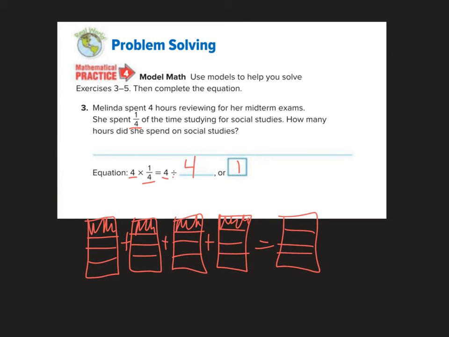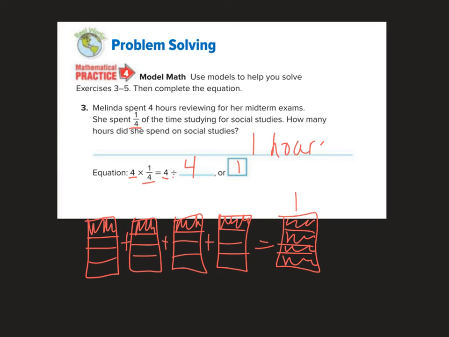Okay, and then I need to color in 1, 2, 3, 4 of them, which is equal to 1. So how many hours did she spend on social studies? 1 hour.